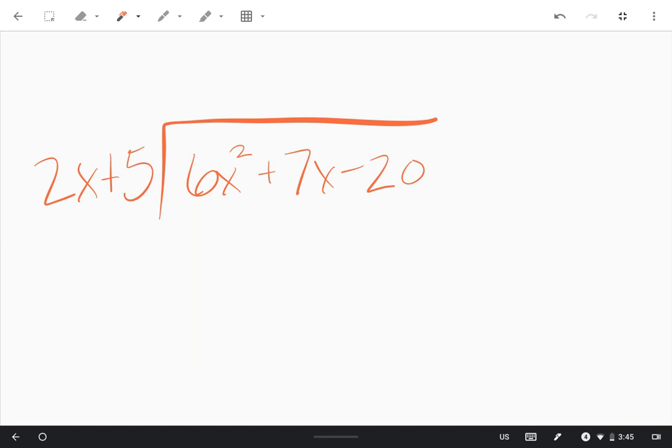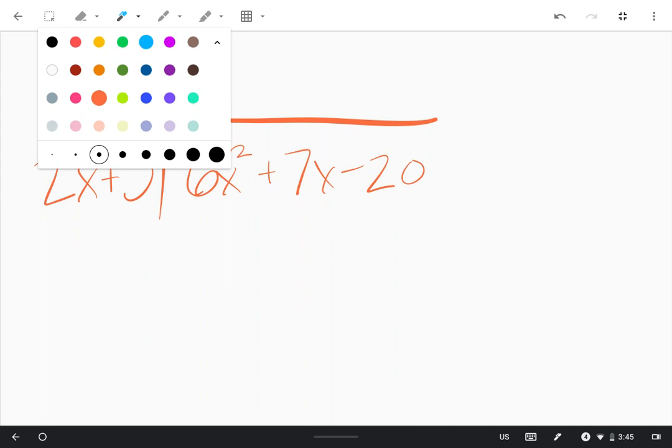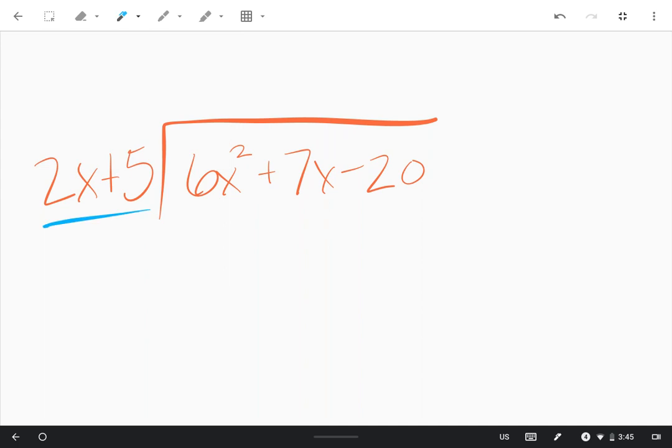Because this is two terms here, we're always going to divide it into the two terms on the other part. So we're going to divide 2x plus 5 into 6x squared plus 7x. First we do 6x squared divided by 2x.